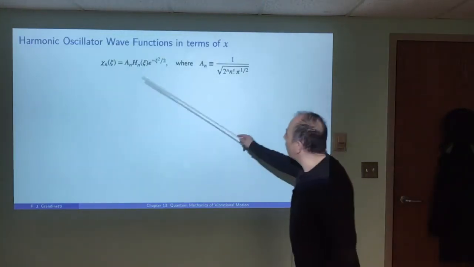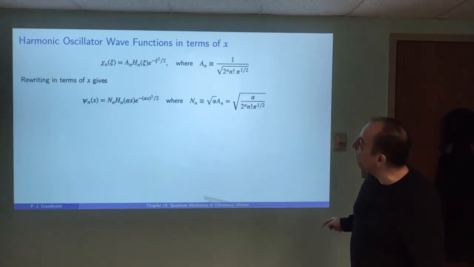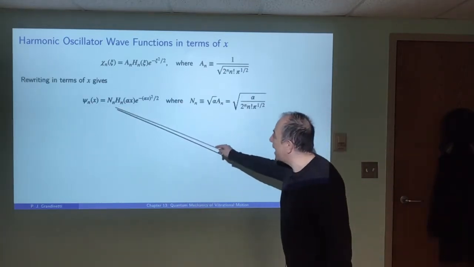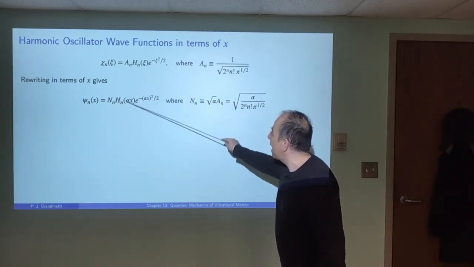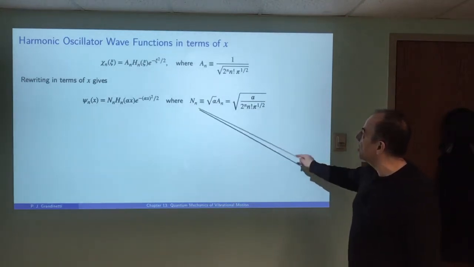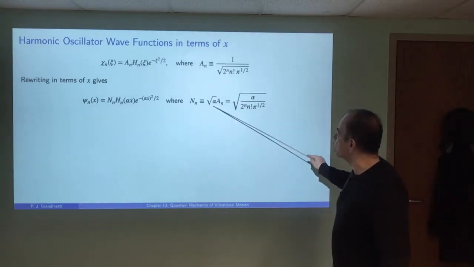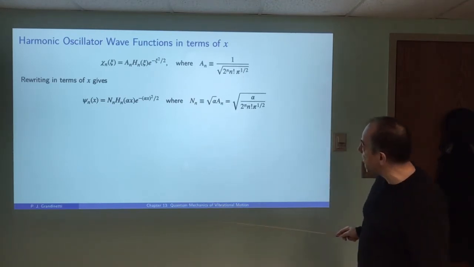Okay, so let's go back to our wave function, which we had written before. If I rewrite it back in terms of x, getting rid of this xi, remember the relationship that xi is just alpha times x, then I get this expression. Again, I'll use a new normalization constant, which is just the square root of alpha times the previous normalization constant.